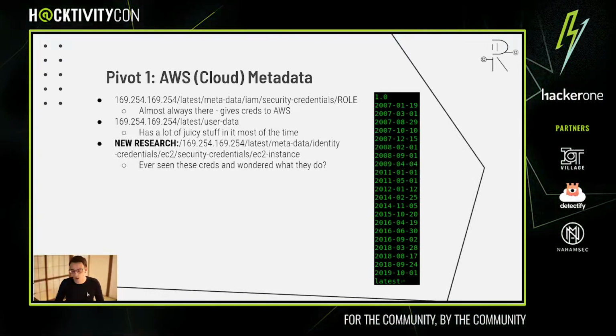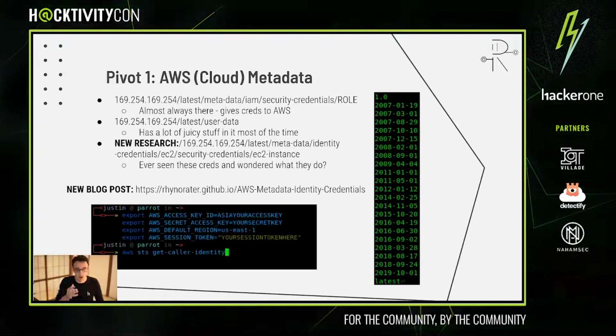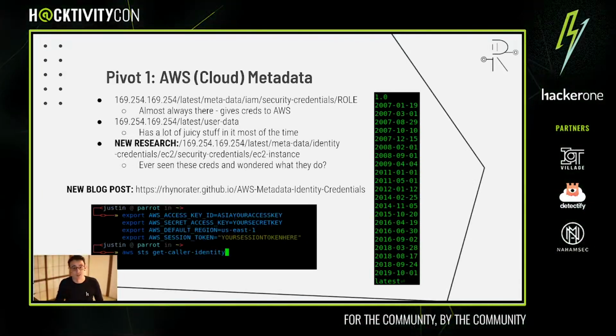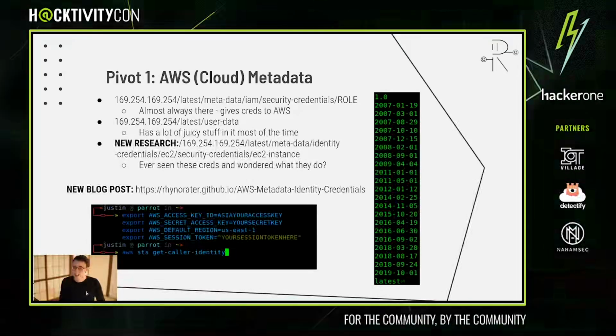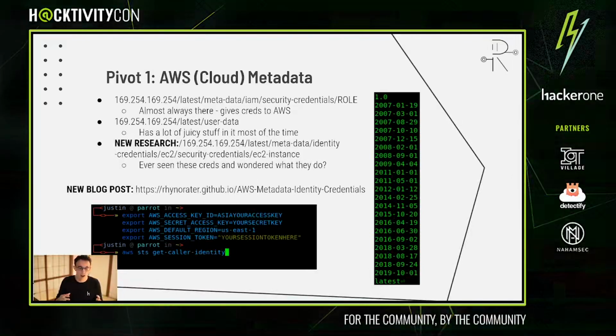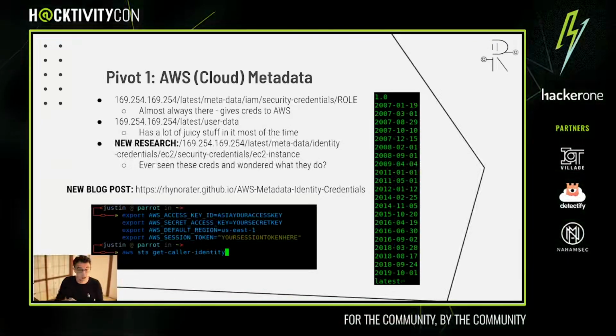So there will actually be a blog post up on my blog about the AWS metadata identity credentials. You can't do a ton with them, but you can do some things with them depending on how the client has configured their environment. I can give a little bit of an intro into that now since we are doing pretty good on time.